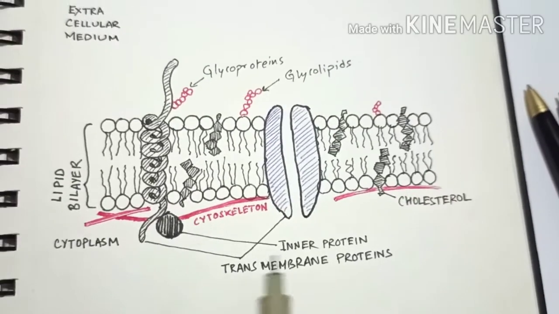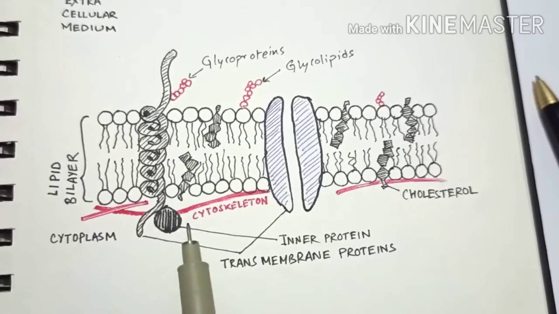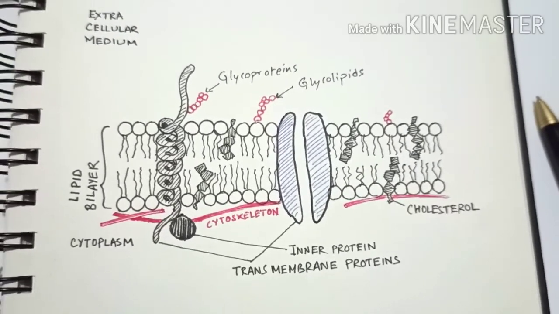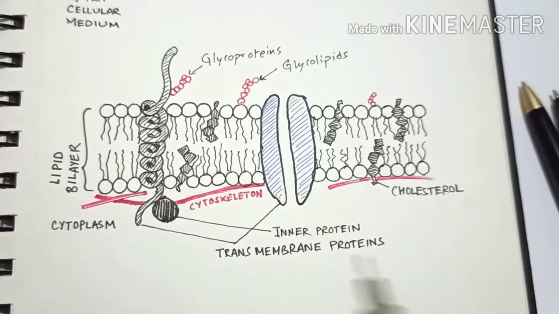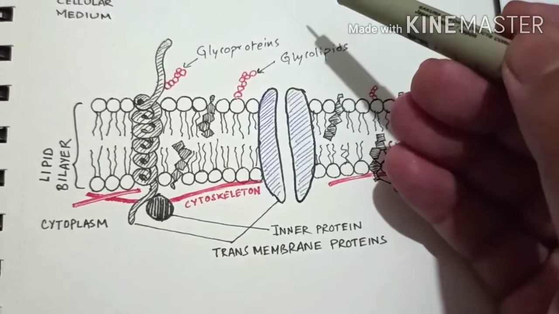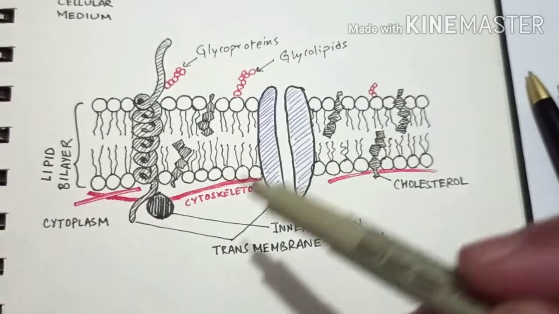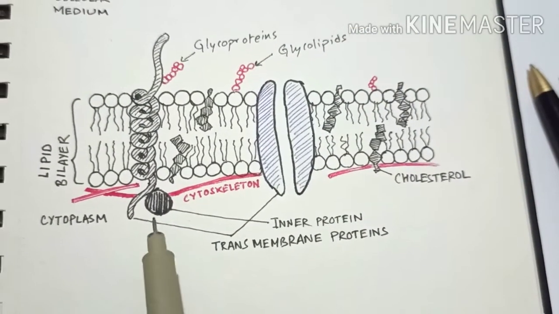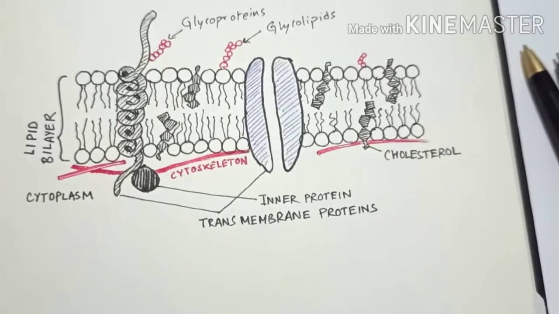There are also some integral proteins that can be seen here. The integral protein mostly serves the purpose of signal transduction, which is a way of communication across the cell. Say this cell is communicating with another cell, or maybe with the environment. The signal can be passed down by means of this integral protein. We'll come to that again later.